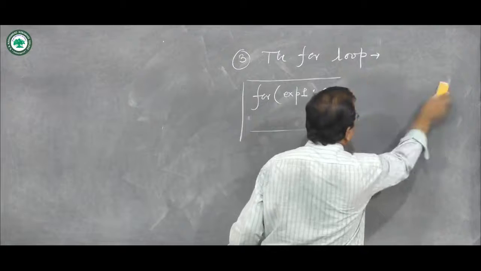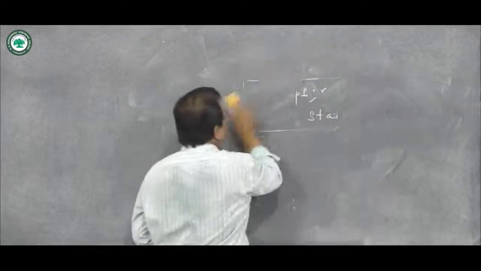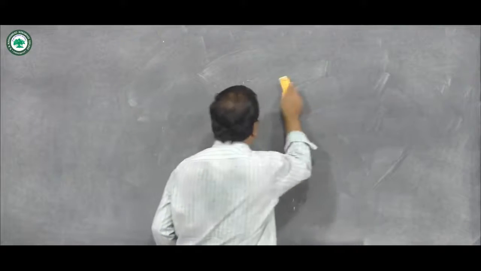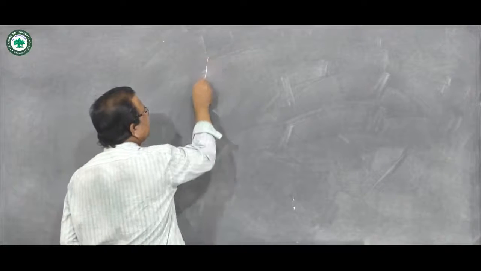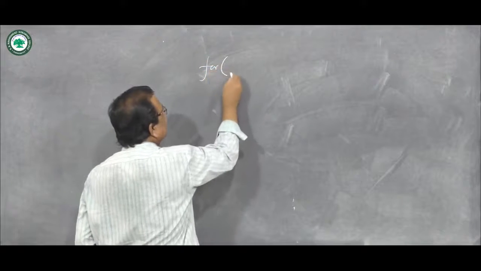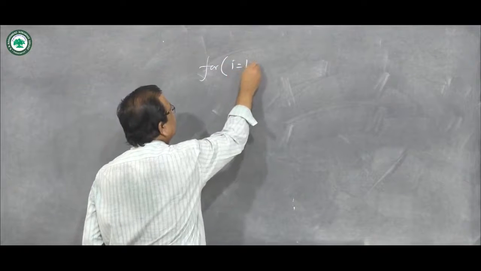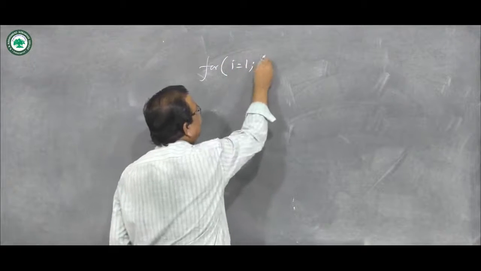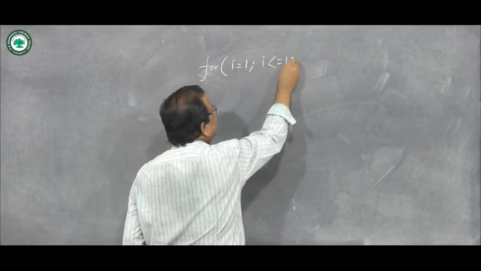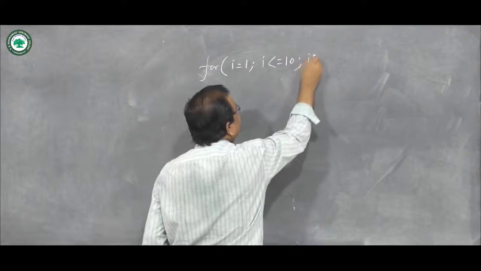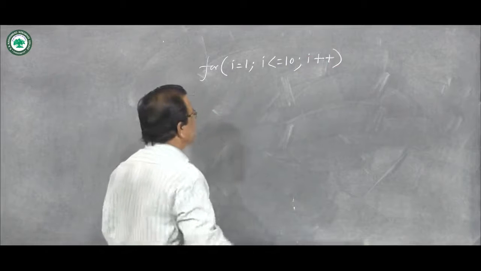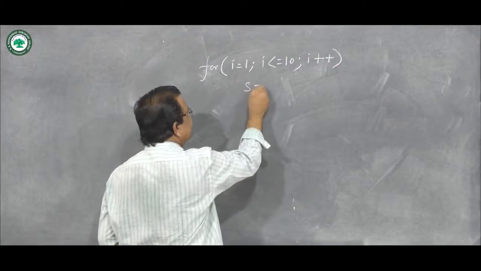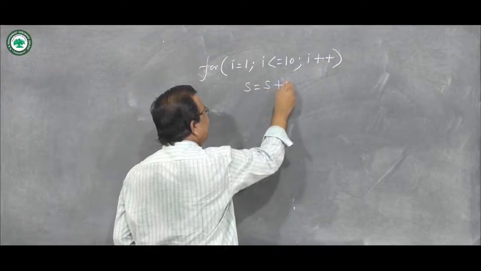Here is an example of a for loop. For i equal to 1 semicolon i less than or equal to 10 semicolon i plus plus, and the statement is s equal to s plus i.